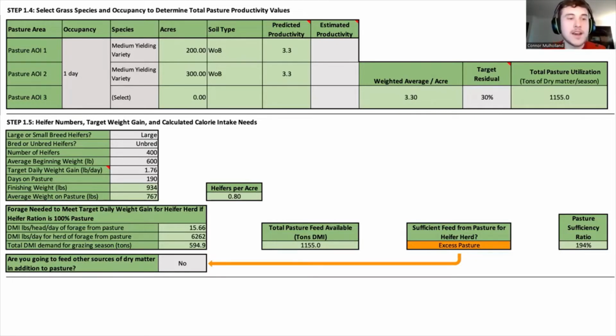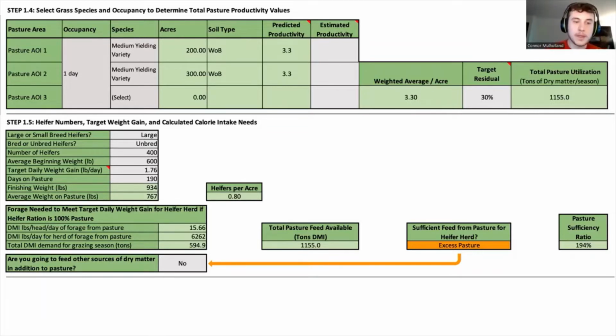Time back in, then you would select your target daily weight gain. We have a drop-down box of acceptable pounds per day that are healthy for a heifer to put on. In this case, we chose 1.76. And then how many days on pasture your farmer is willing to work.